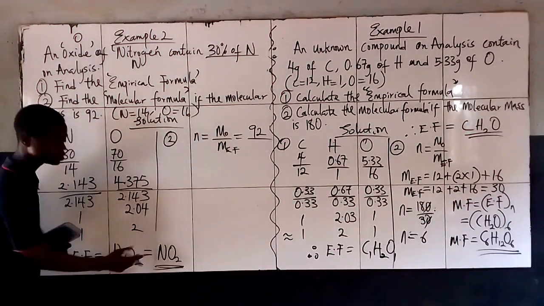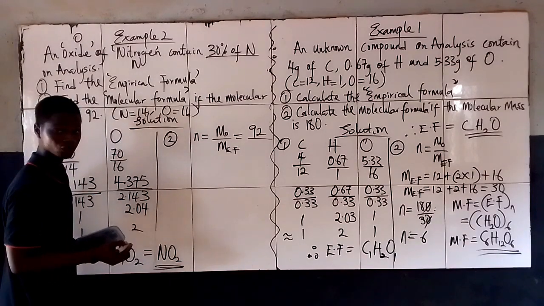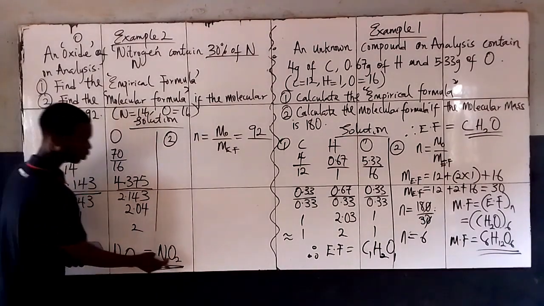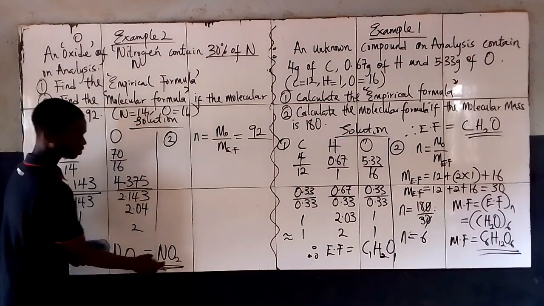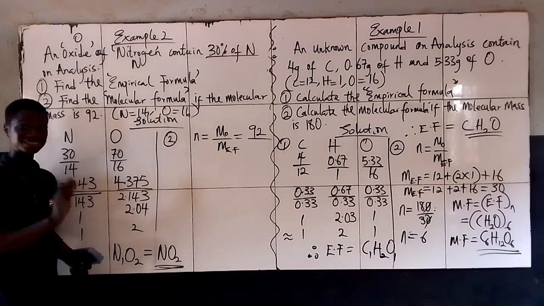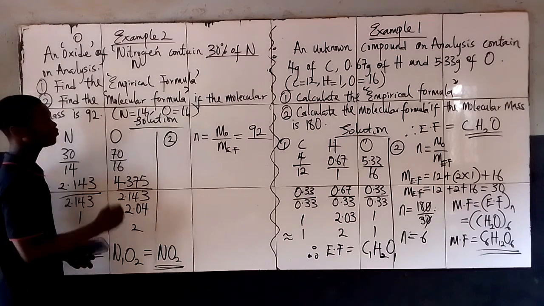Can we get our M_EF? The answer is yes. So now we need to get our M_EF. Let's quickly do it as a rough work somewhere here. Nitrogen is 14. Oxygen is 16. Now, 2 oxygen atoms: 2 times 16 is 32. 32 added to 14 will give you 46.